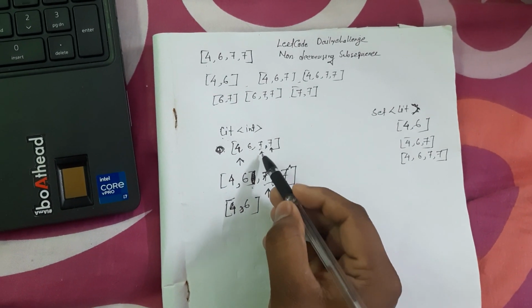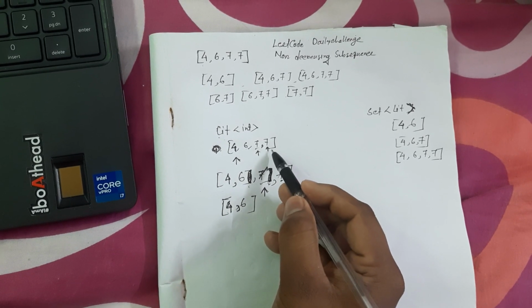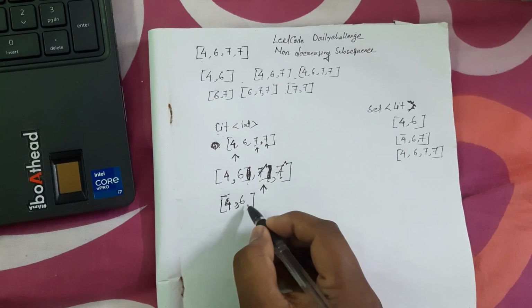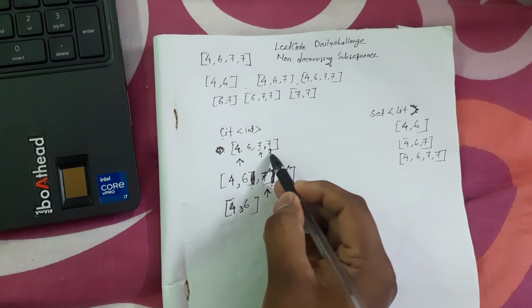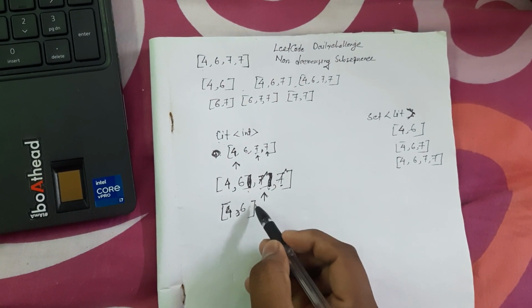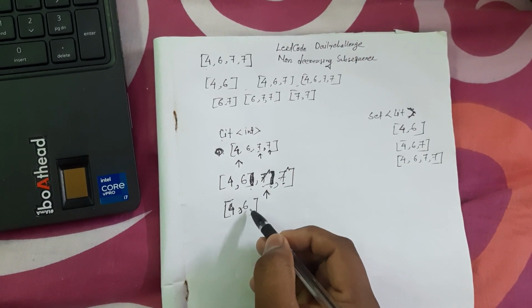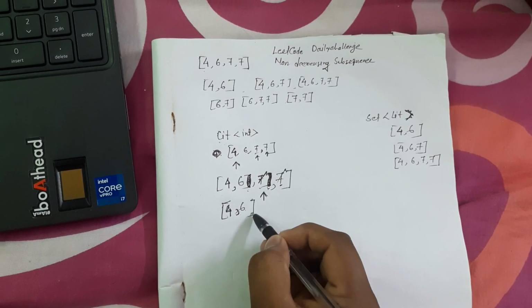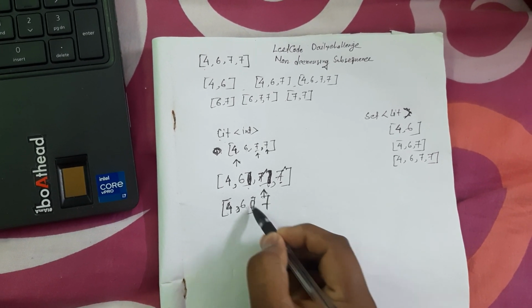So we remove that element and move to the next index. Here we get 7, and 7 is greater than our previously inserted element, which is 6, so 7 can be added.